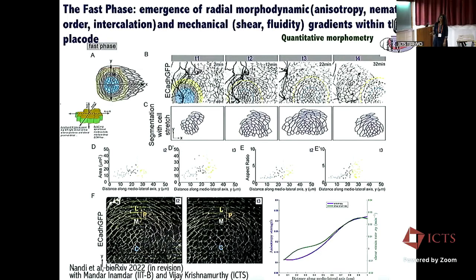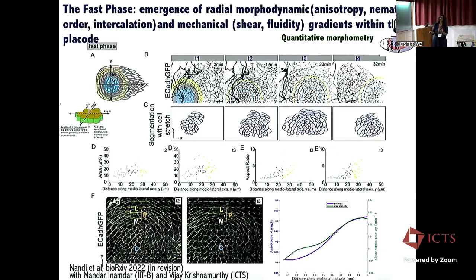This is evident in their shape anisotropy, shown here in blue. You can also see it in the aspect ratios of these cells, which rise as you go from the center towards the periphery. The other thing you notice is that the cells at the periphery, this yellow zone here, also appear to be more aligned. So there's more coherence in the cells at the periphery compared to the cells in the center.